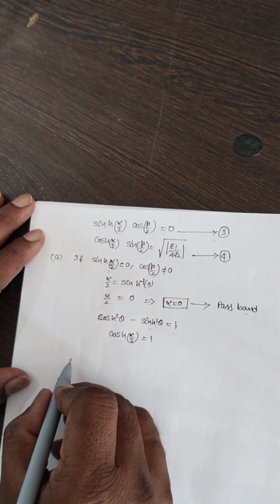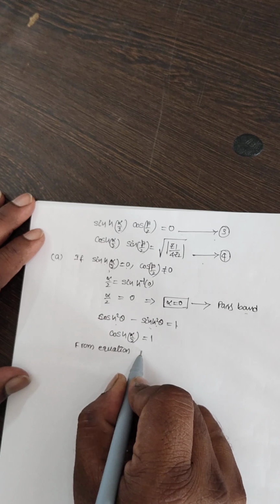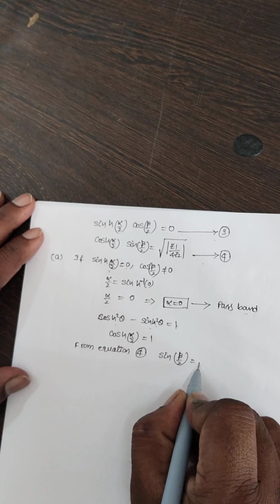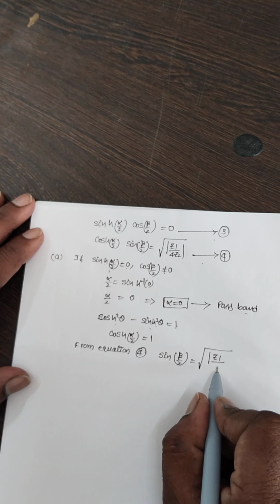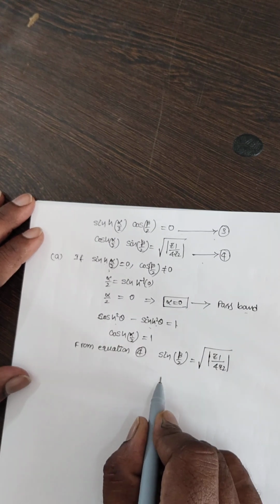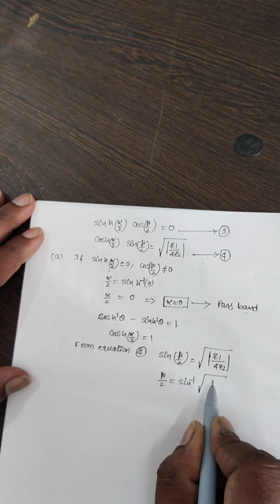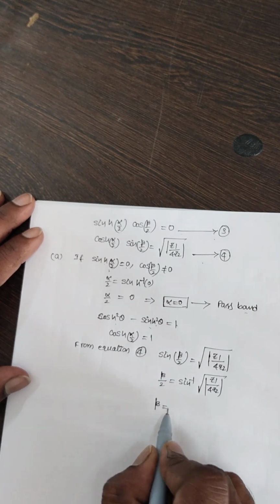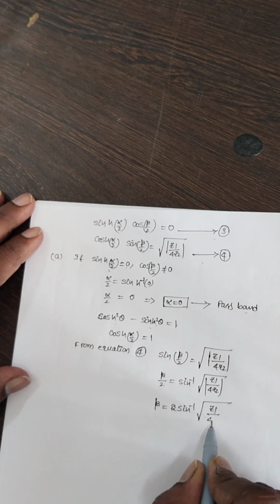So from equation 4, I can write sin(β/2) is equal to square root of modulus of Z1 by 4Z2. Now from this I can find the expression for β. β/2 is equal to sin inverse of square root of modulus of Z1 by 4Z2, and β is equal to 2 sin inverse of square root of modulus of Z1 by 4Z2.